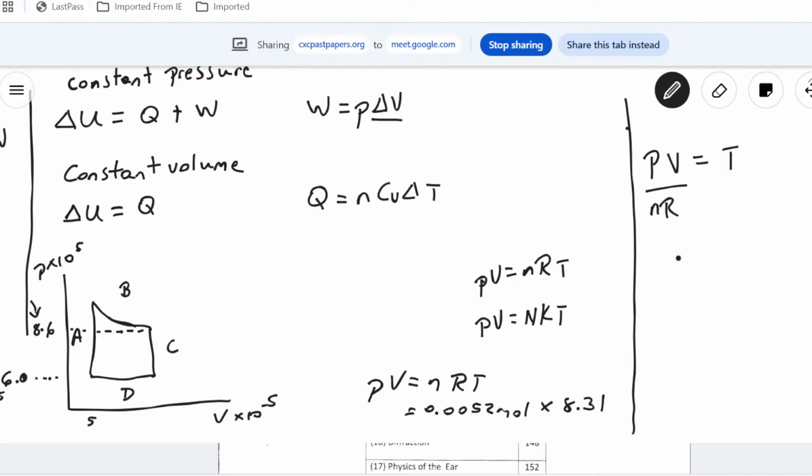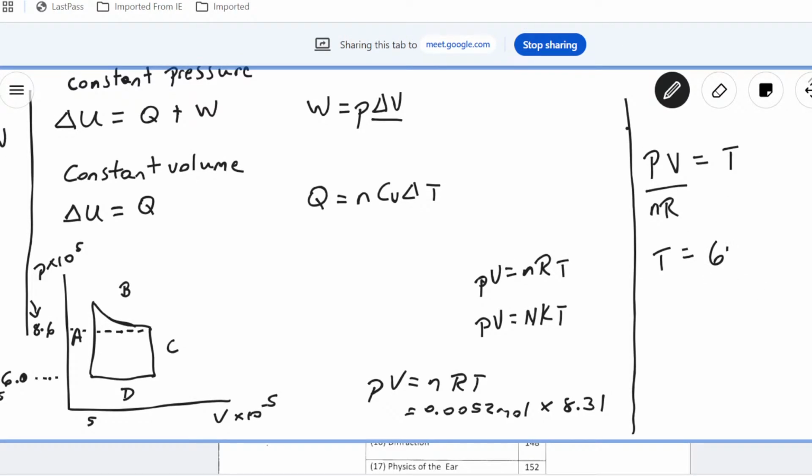It's 8.31, is it times 10 to anything? Just 8.31. Oh, I see why it looks weird. This is the minus 5th. Okay, I have 694.25 Kelvin. Same, I got the 0.25. Alright, so 694 Kelvin.